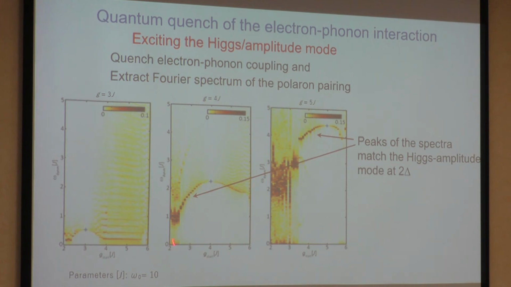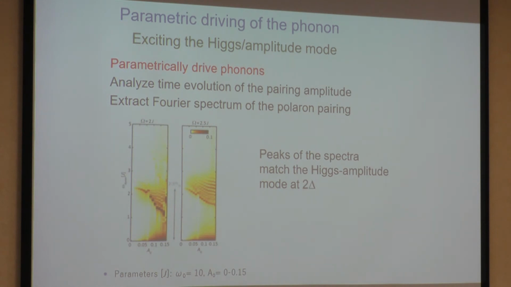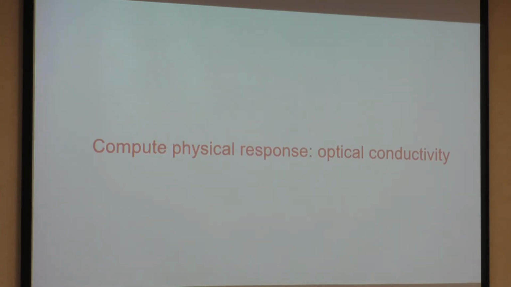Then we do a Fourier transform and we see this fairly bright peak, which corresponds to the Higgs amplitude mode. We also went from simply quenching the electron-phonon interaction, which is like a Gedanken experiment, to what's closer to experiments, which is parametrically driving phonons, and we still see very similar features of exciting Higgs-like excitations.